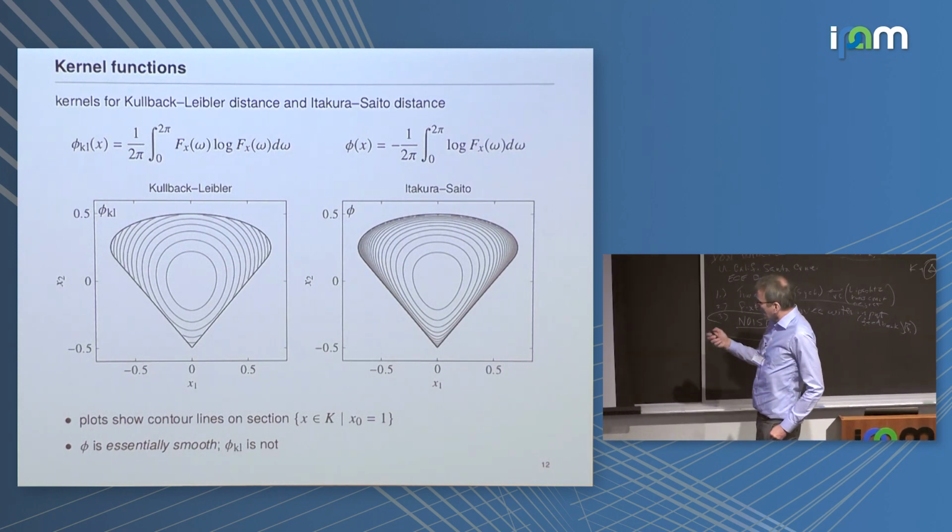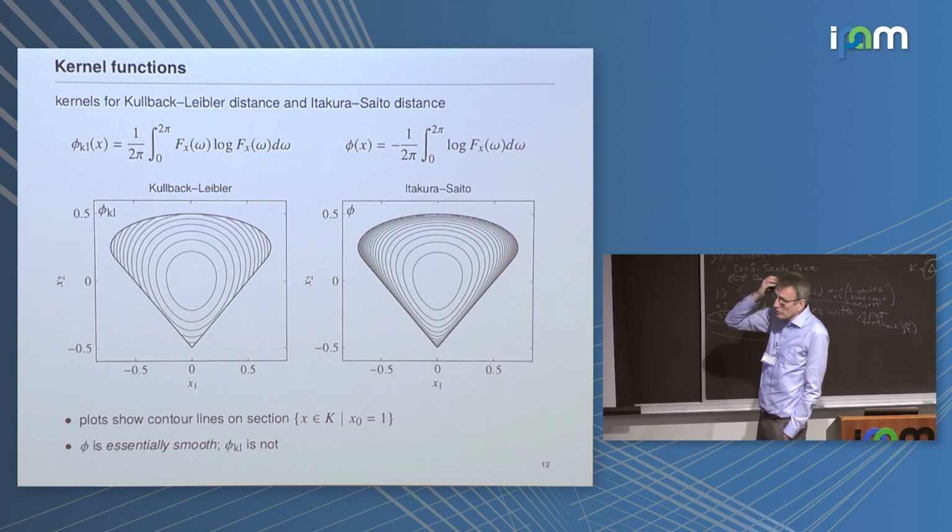So an alternative is to use this convex function, which is also convex in x. And that defines what's known as the Itakura-Saito distance. And it does have this property. So these are the contour lines of this function phi. It's again convex, defined everywhere, including the boundary. But now we see the gradient goes to infinity near the boundary.